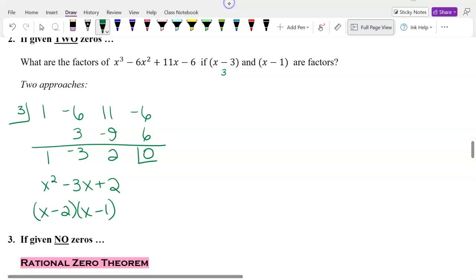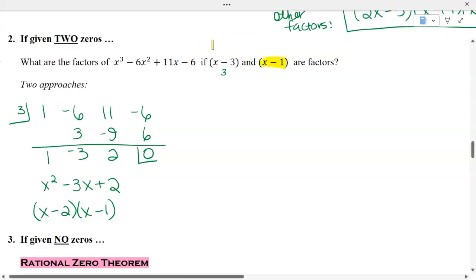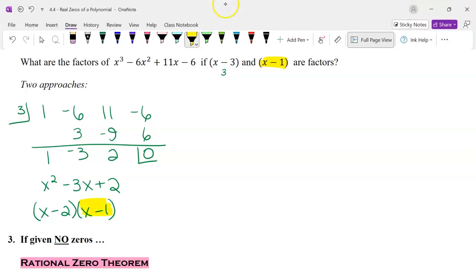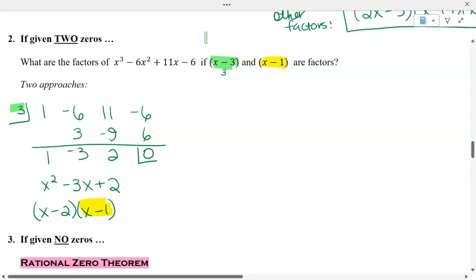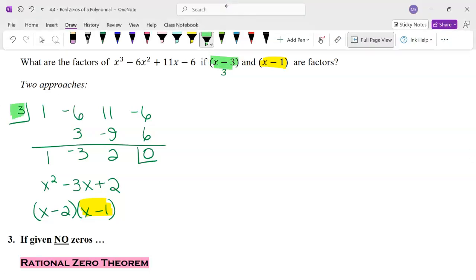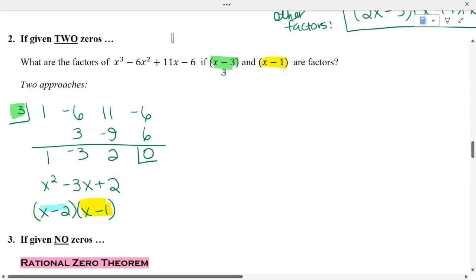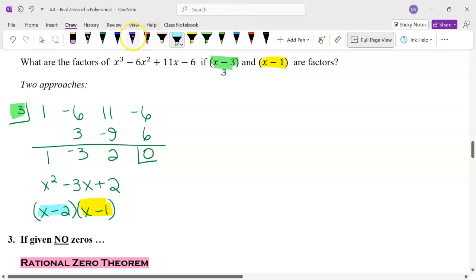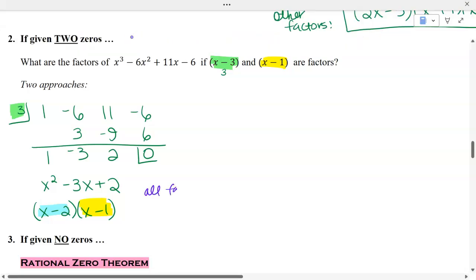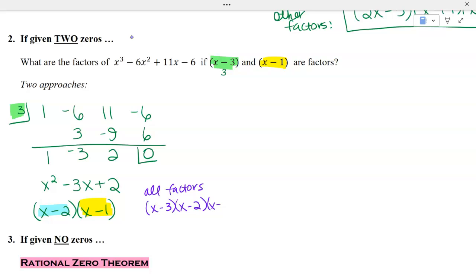And you can already see that we had already been told that x minus 1 was a factor, and we had already been told that x minus 3 was a factor, where we used that right there. And then we were able to find the other factor, x minus 2 here. So all the factors of that original polynomial are going to be x minus 3, x minus 2, and x minus 1. So this is one way of figuring this out.